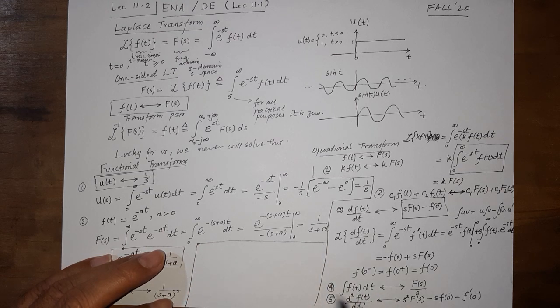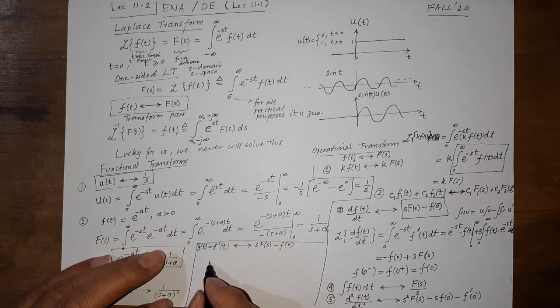So we know that f dash t has a transform s F of s minus the initial value of the function. Then let us say this f dash t is another function g of t. G of t is a function of time, right? Which is the derivative of f of t.